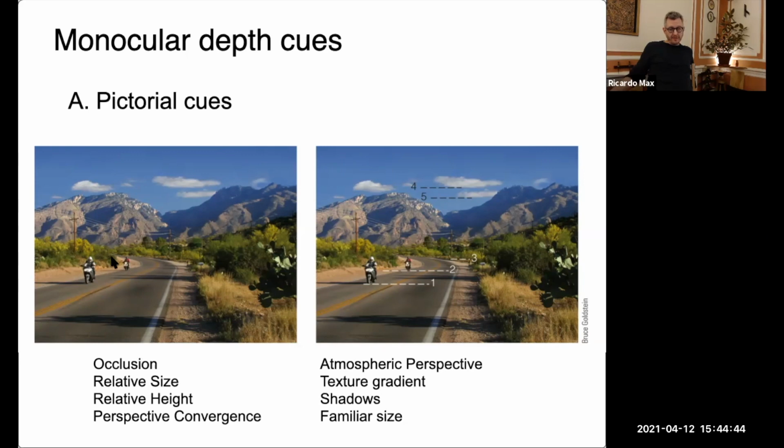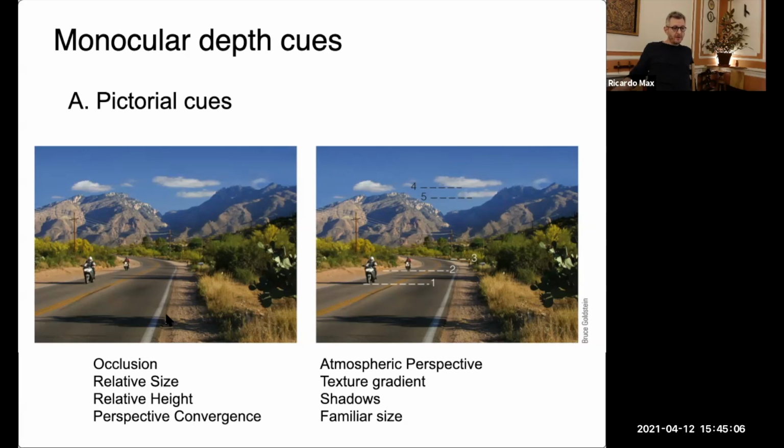So by looking at this picture, I think we have everything. Occlusion means whatever is further away is occluded by a closer object. It is obvious. We know from experience the more or less relative sizes of objects, of a person, of a lamppost, of a mountain. Relative height size is almost the same.